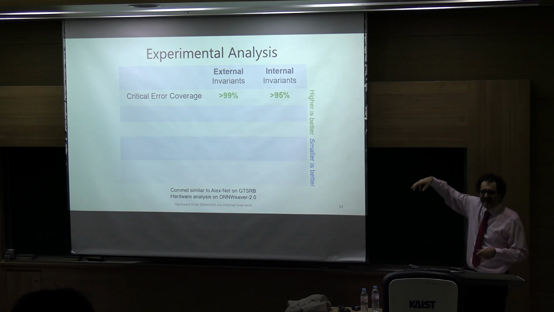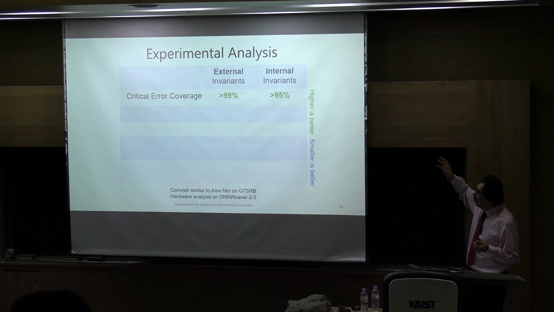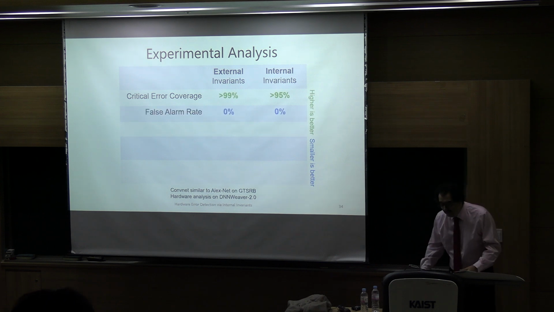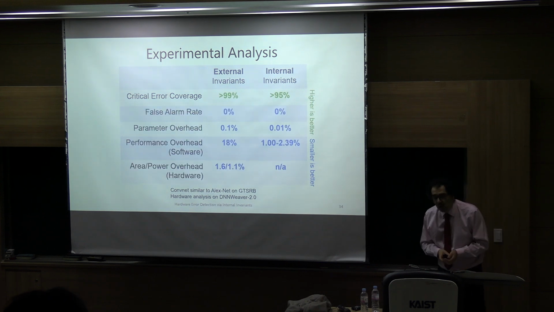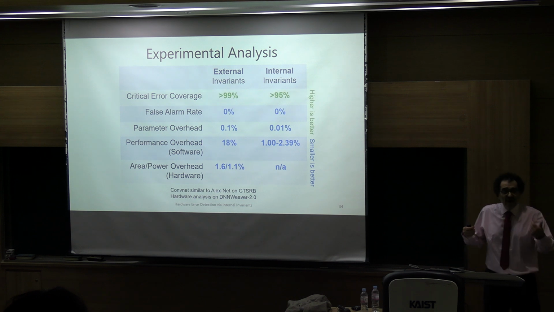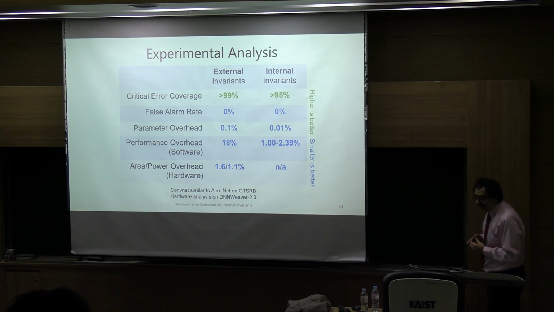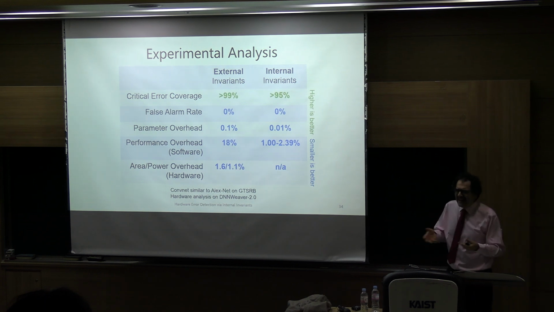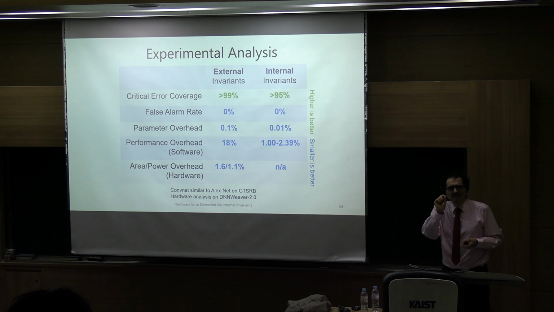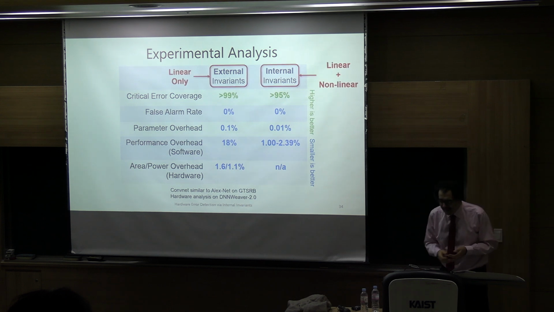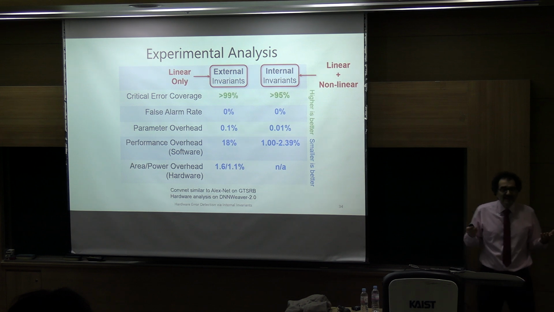The external invariants did better than the internal invariants, but on many of these other things where you want to minimize, like hardware cost, performance overhead, and power and area overhead, you can see that the internal invariants, the blue ones, are much better than the other ones. Okay, these are nice trade-offs, but the most important thing is not really the numbers that you see over here.